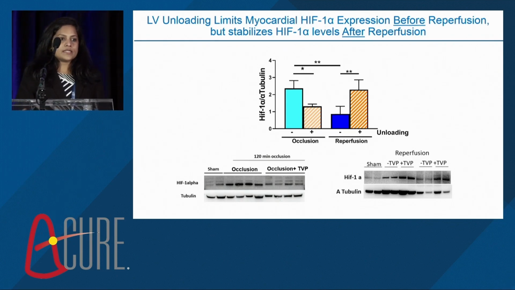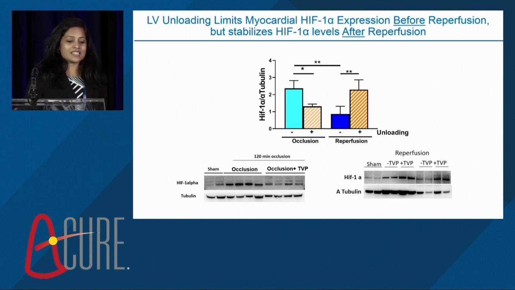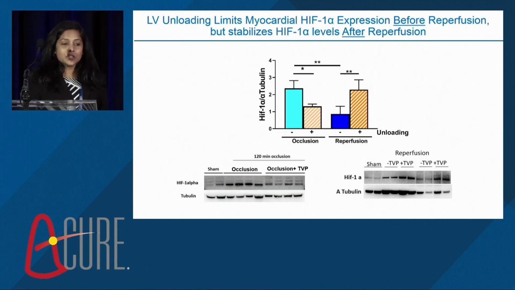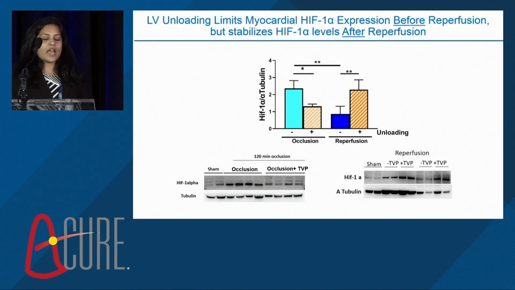Coming to the oxygen sensor HIF, when we looked at HIF, stabilization is a marker of ischemia. So during occlusion, when there is ischemic tissue, HIF was significantly decreased in LV unloading group, suggesting there is reduced ischemia with LV unloading. Post-reperfusion, we have an increased HIF1 alpha.